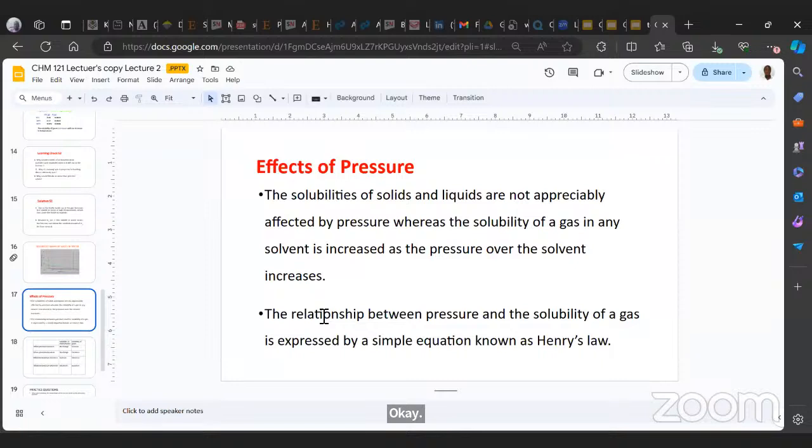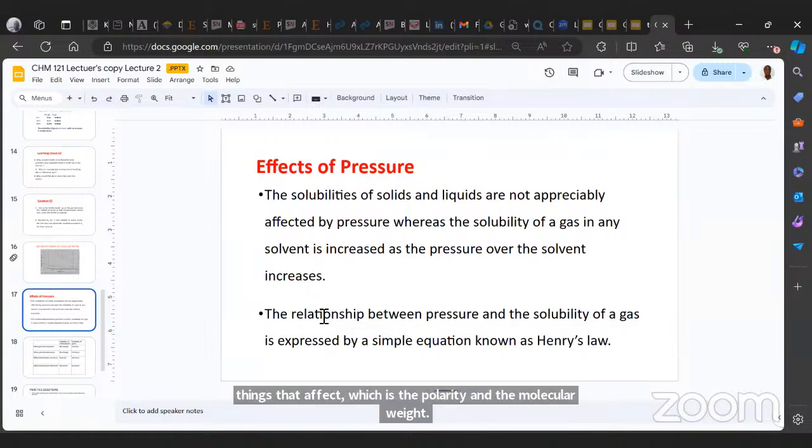So in all, they are just three, but under solvent-solute interaction, you have sub-factors that affect it, which are the polarity and the molecular weight. And then there is pressure, which again affects solubility.